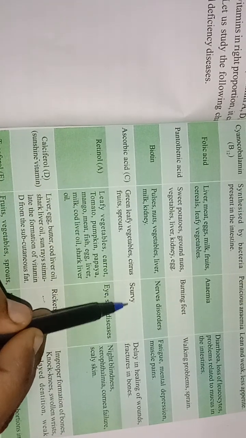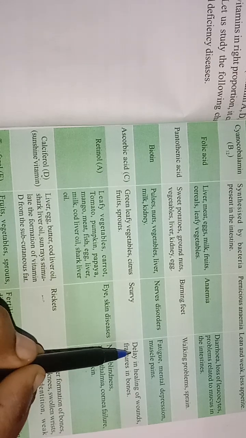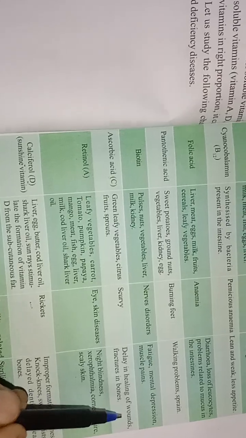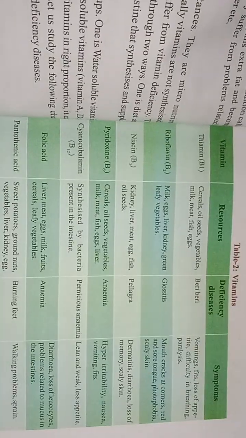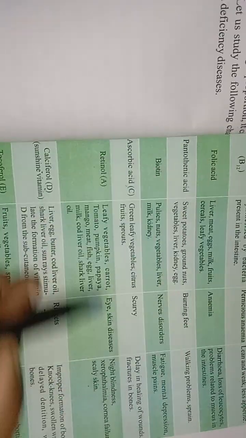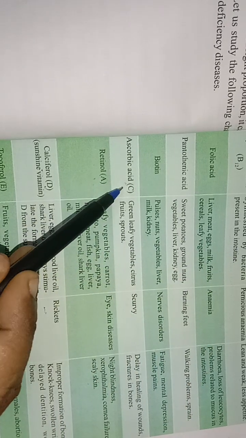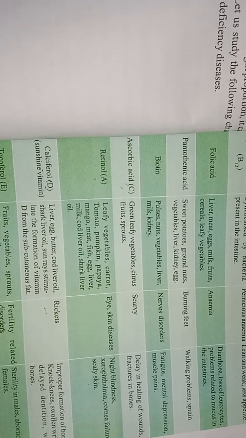The deficiency is scurvy and a delay in healing of wounds and fractures in bones, right? Next, come to B vitamins. Here we have B after C, D, E, K. Okay, easy to remember in this manner.